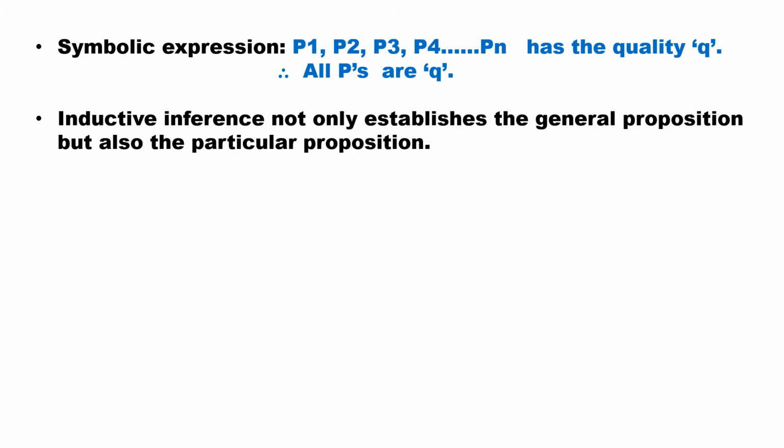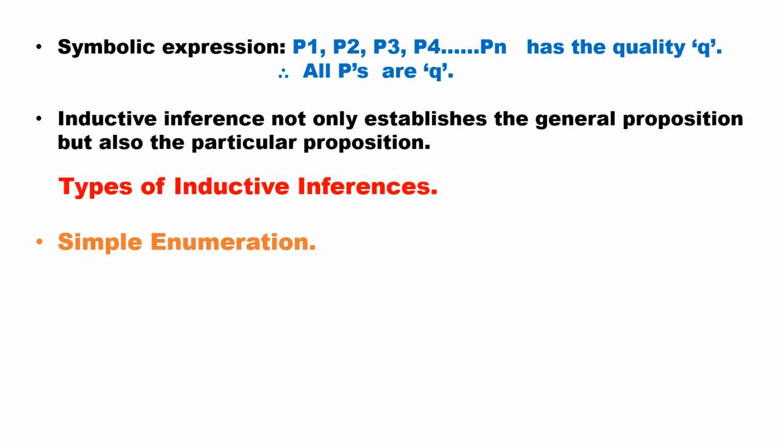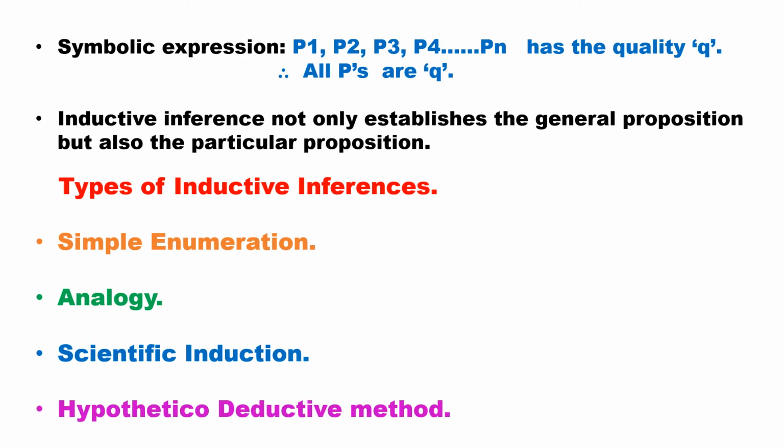This you have to note down. The types of inductive inferences: first is simple enumeration, second is analogy, third is scientific induction, and fourth is the hypothetical deductive method. So, there are four types of inductive inferences.